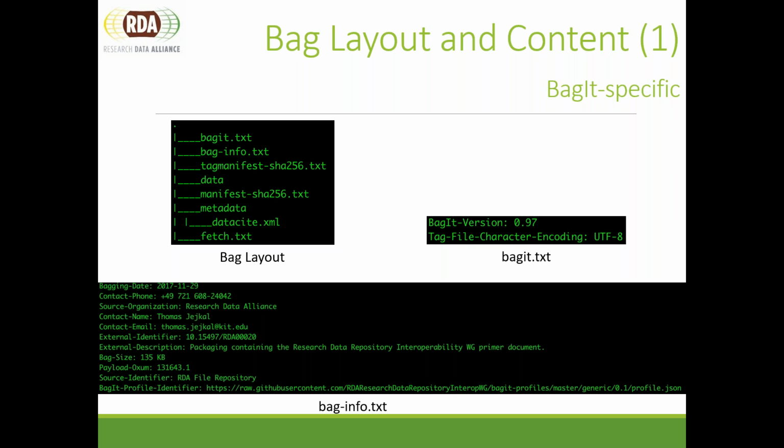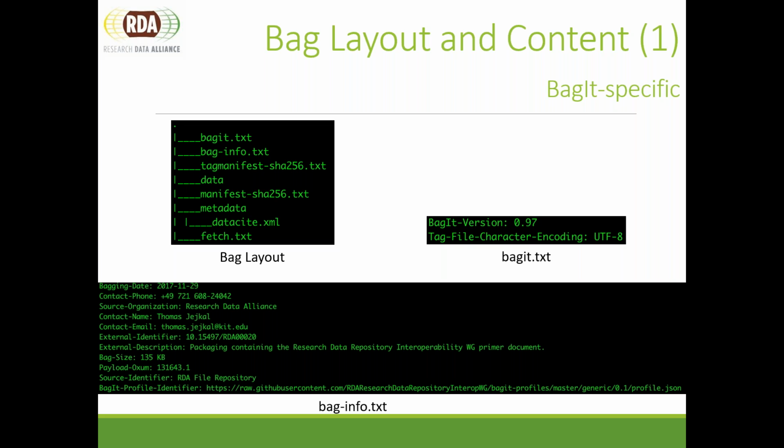On the upper right, you see the text file containing basic BagIt information, so which version is used, which character encoding is used, and that's basically it. In the next file, the bag info text file, this contains the date when the bag was created, contact information, and at the end also the profile which was used to create this bag.